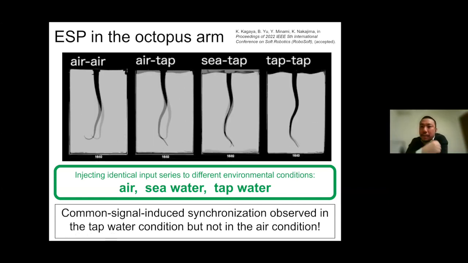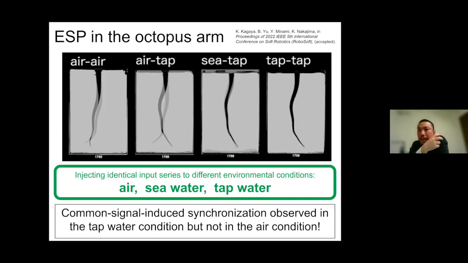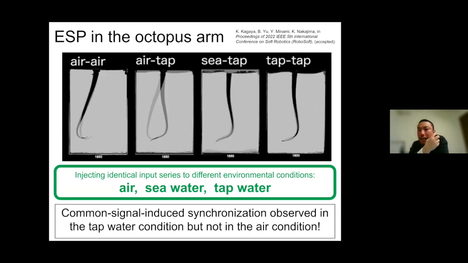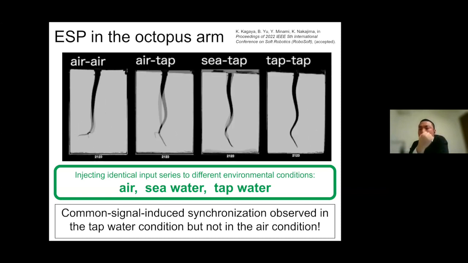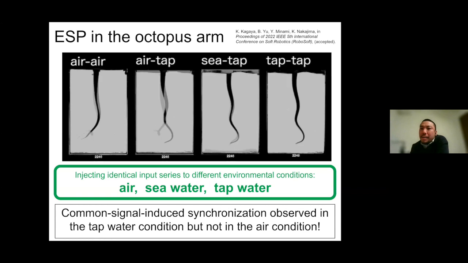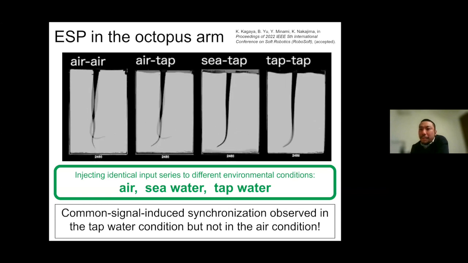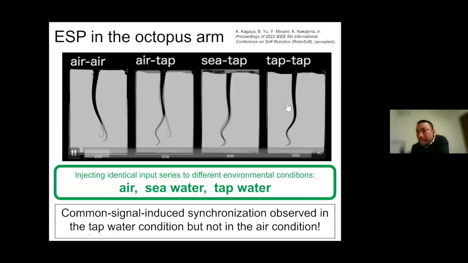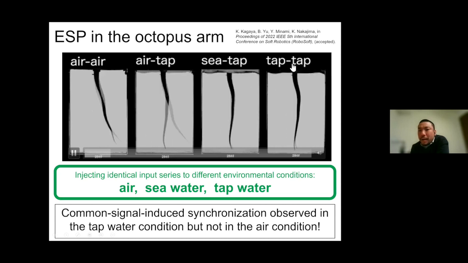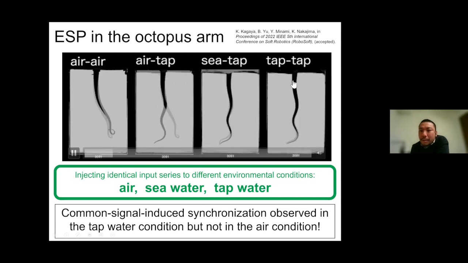But here, what we are testing is, as I explained, to check whether the system has the echo state property, it's better to check the common signal synchronization. So by starting from different initial conditions, we inject the same input command. And we are now overlaying the video. As you can see, for the top water case and seawater case, the behavior of the arm overlaps.